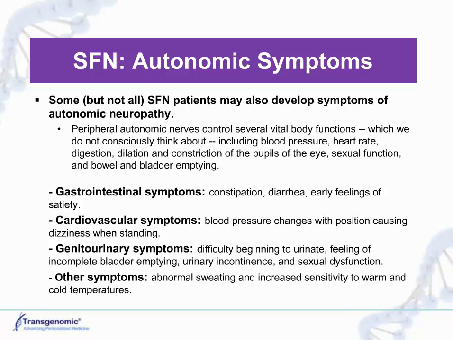So along these same lines, some patients who have neuropathy that involves the small diameter nerve fibers can have dysfunction and symptoms in these areas that could result in things such as constipation or diarrhea, blood pressure changes with changes in position, which can cause dizziness, for example, with standing, difficulty with urination, incomplete bladder emptying, and abnormalities in sweating, as well as other symptoms.